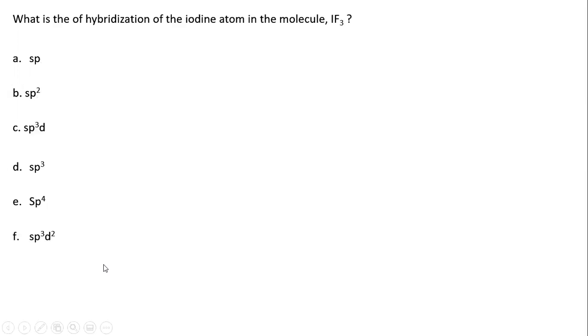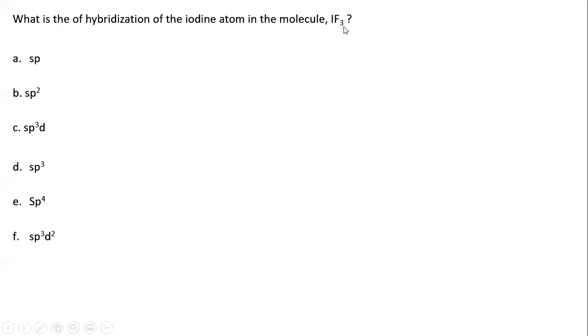Now we're going into this problem to assign hybridization of the central atom. Again, the hybridization or hybrid orbitals occurs in the central atom, not the terminal atoms. Here we have the molecule IF3, and we want to determine the hybridization of the iodine atom in IF3. You can draw the Lewis structure to determine the number of bonding and lone pairs of electrons, and then sum them up to get the total electron pairs.